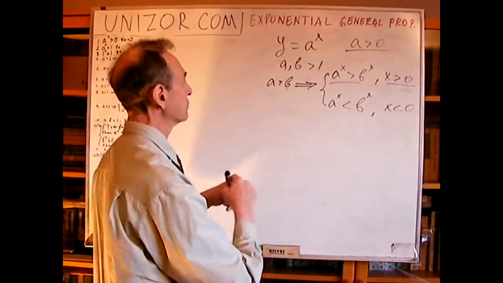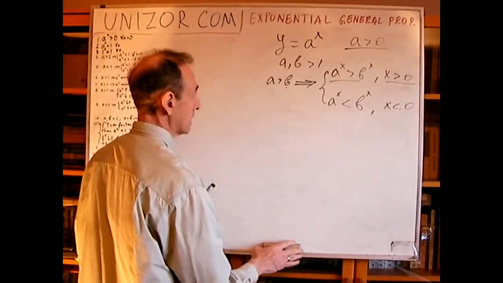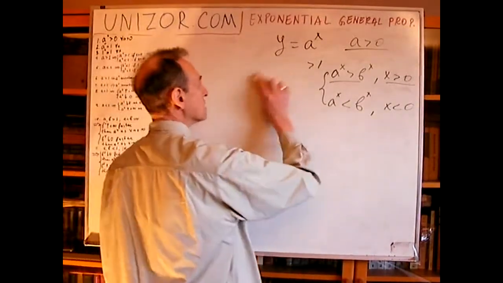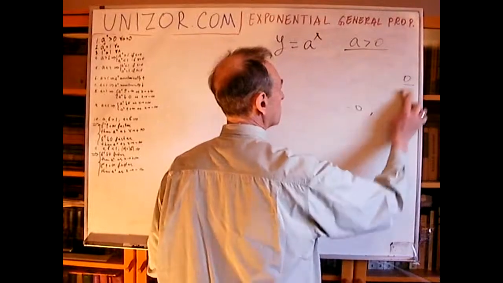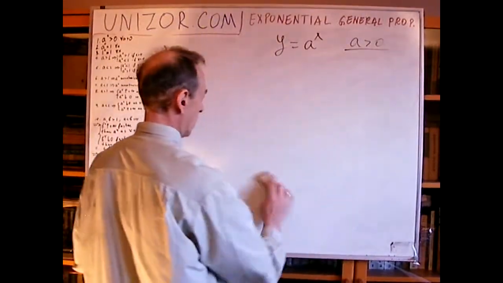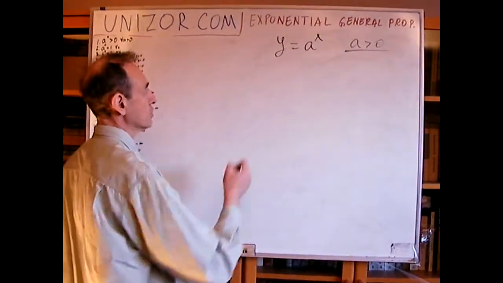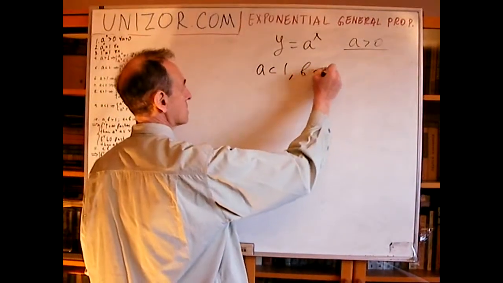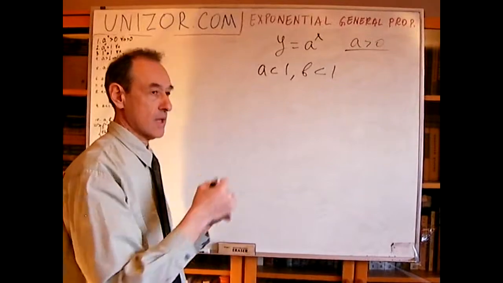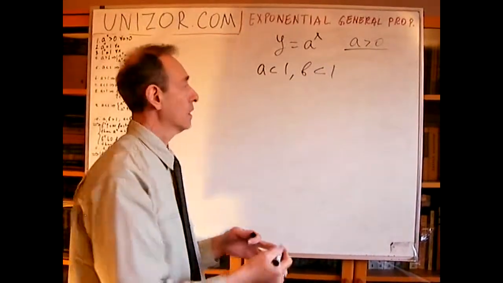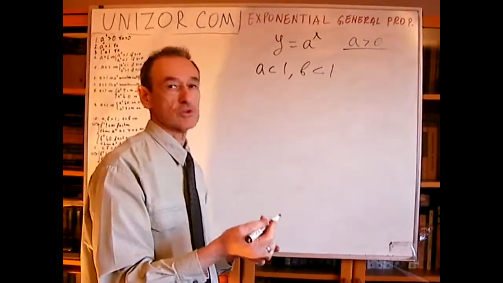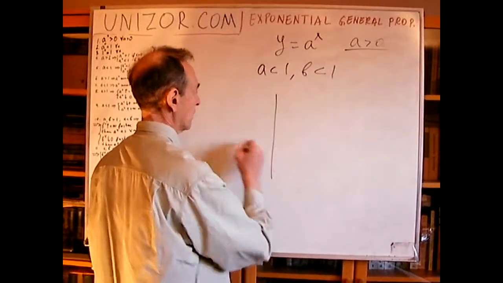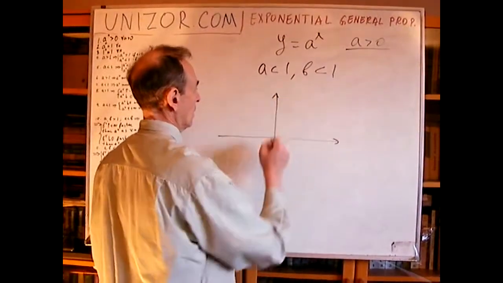Now, what if a and b are less than 1? Well, the situation is absolutely symmetrical. Let me just write it down, and I will leave the proof to you. So if a is less than 1 and b is less than 1, let's say 1/2 and 1/3, well, basically the story should be exactly the same, but opposite.